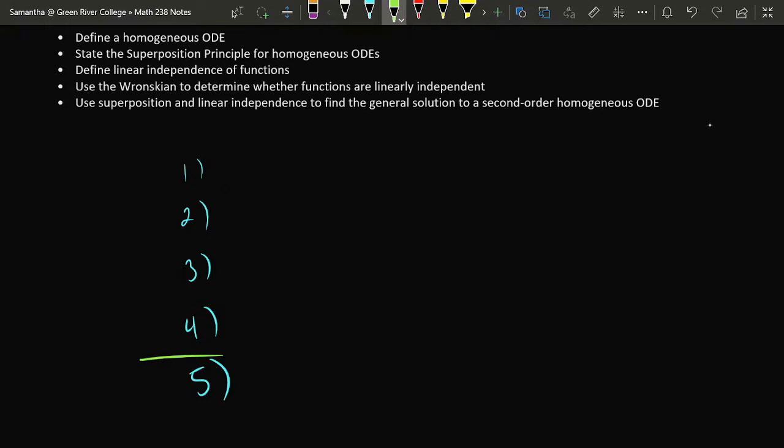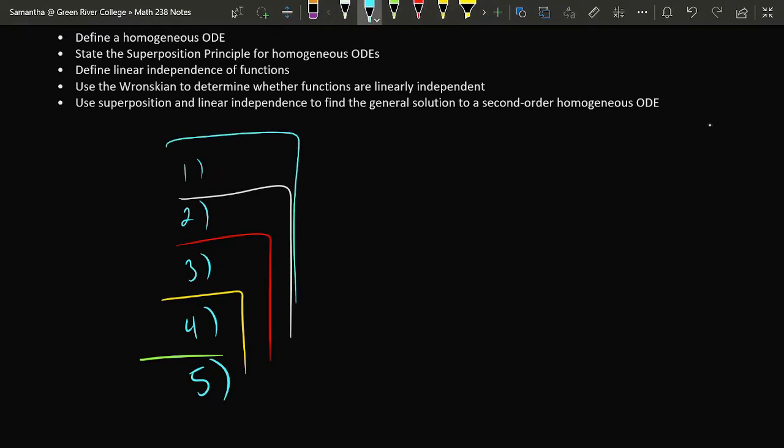And in the next video, I'm going to make the ODEs more complicated, and they're going to require us to do steps number 4 and 5. And then the ODEs are going to get even more complicated, and they're going to need us to do steps 3, 4, and 5. And finally, the most complicated will require us to do all 5 steps.